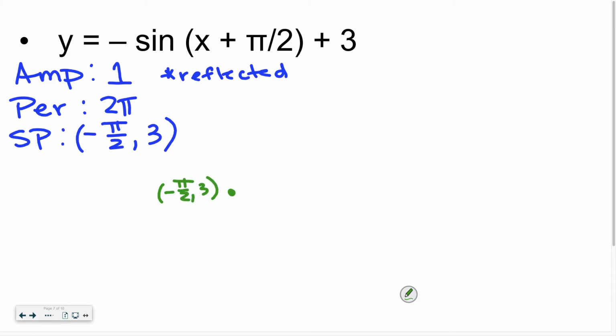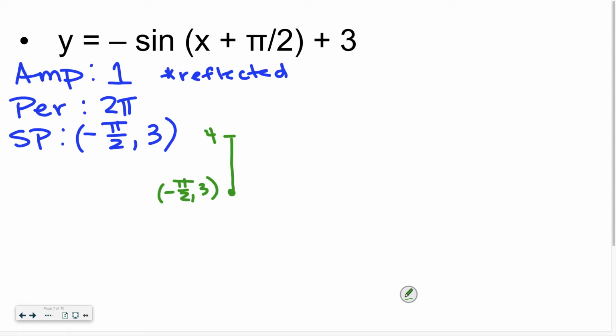And to construct our frame, we need to go up and down the amplitude. If I go up our amplitude, then what y value are we at when we get to the top? 4. Because our amplitude is 1.